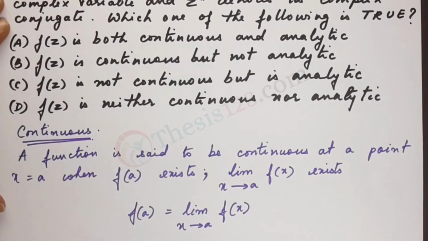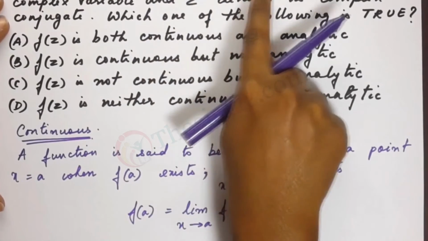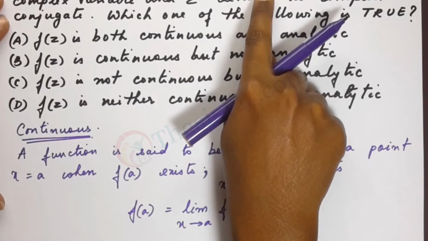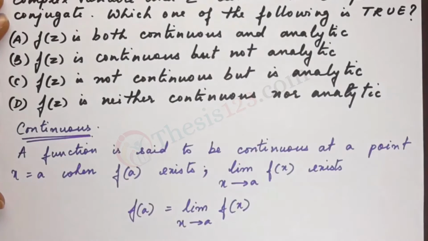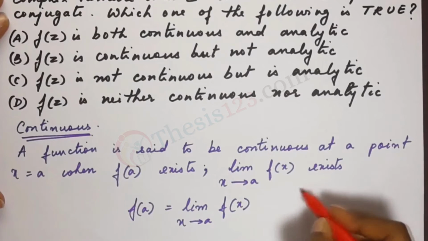So if we take a look at the function given to us, f of z for a certain complex variable z and its conjugate. Let me just write that down here on the side.